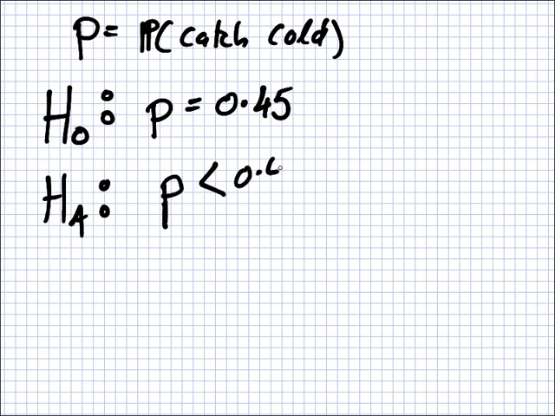Less than 0.45, because you're claiming that the food is an improvement, not that it makes a difference. That's an improvement. Yeah. You got that? Is that okay? For 2 marks?